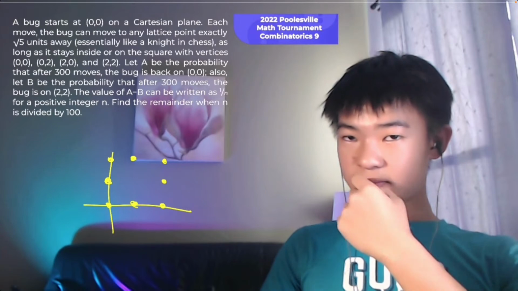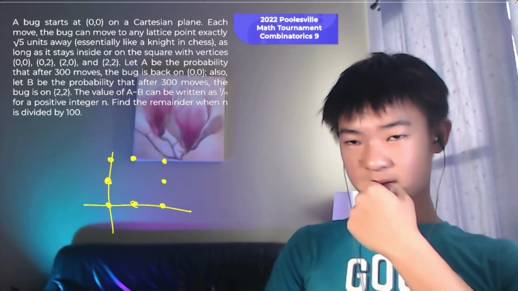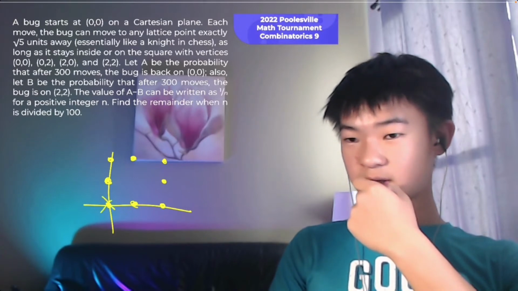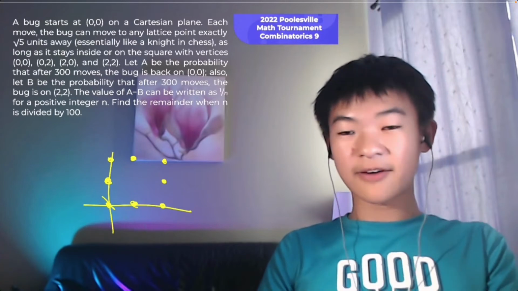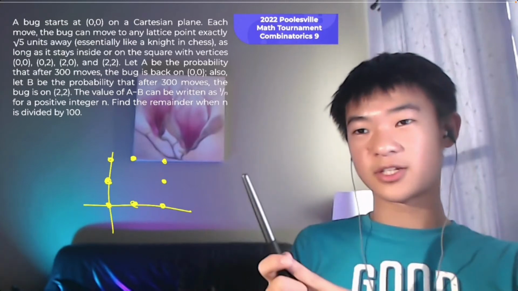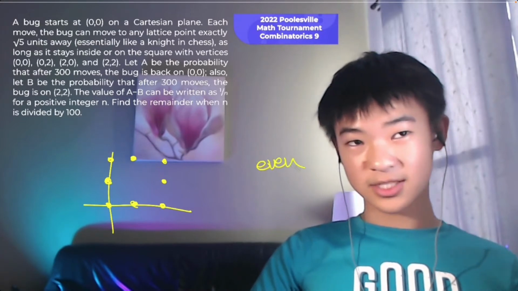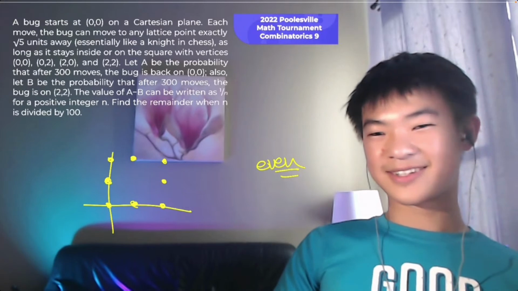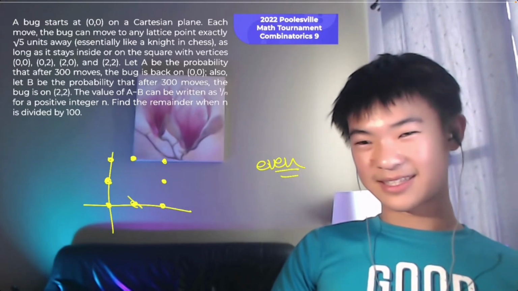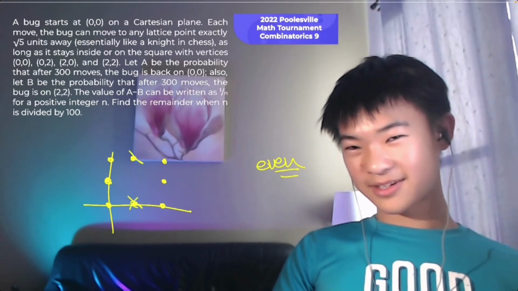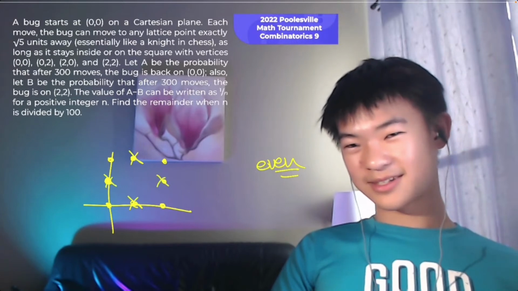To find the probability it gets back to this point by 300 moves. Why did I cross that out again? Okay, after 300 moves, we did make an observation earlier, that after 300 moves, the sum of the coordinates must be even. So this time that eliminates this point, this point, this point, and this point.